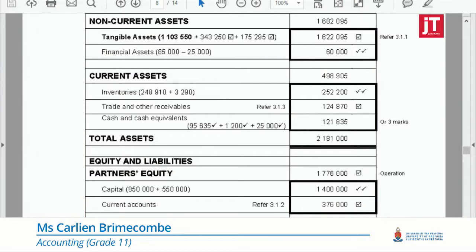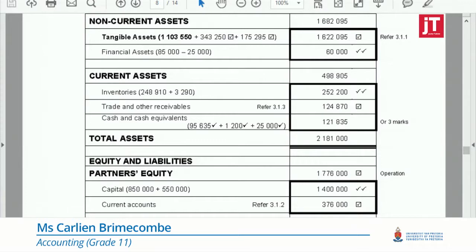Right, how do you approach financial statements in an exam? What did we discuss yesterday? Okay, what are you going to start with? Complete the formats first.